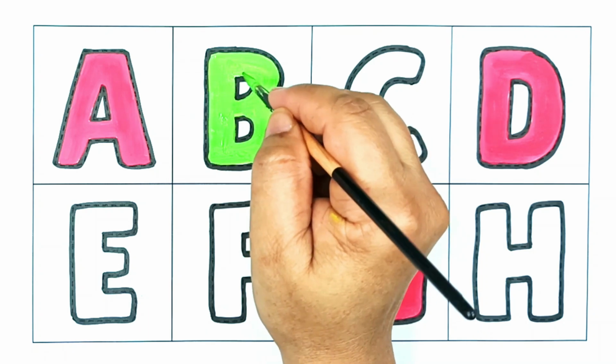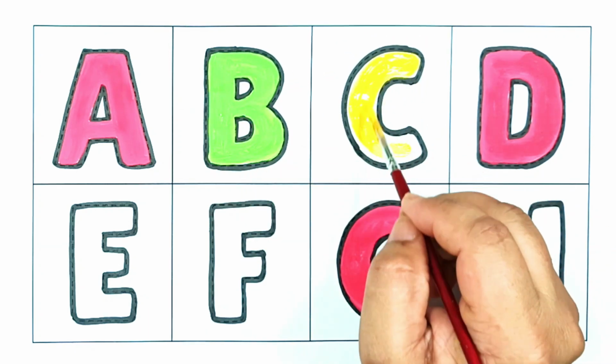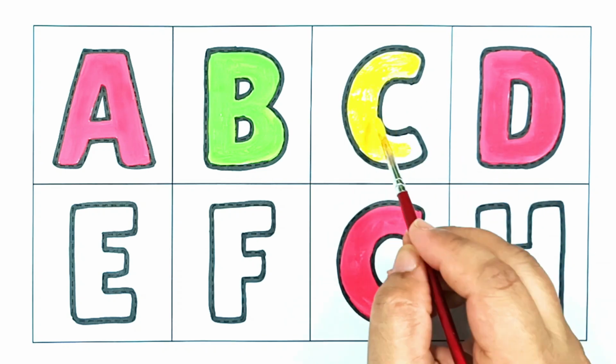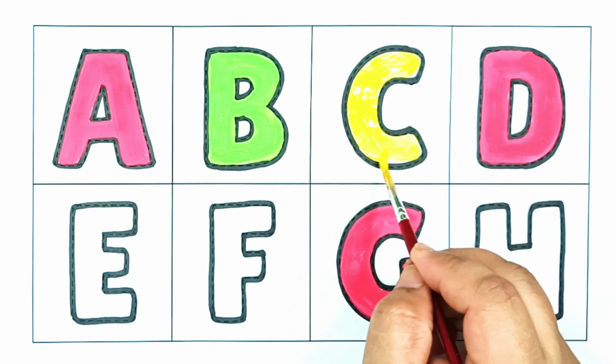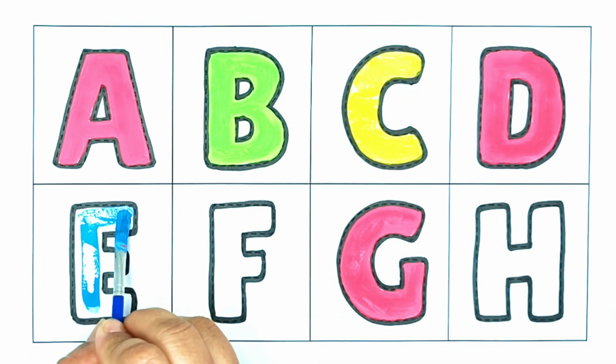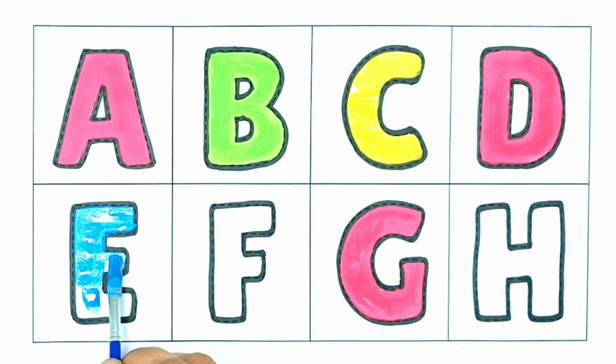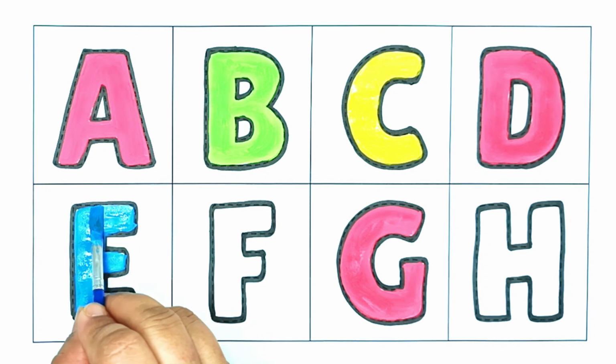B for ball. C for cat. C for cat. E for egg. E for egg.